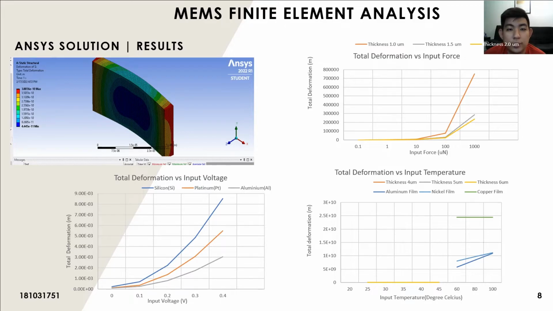We're going to present about MEMS finite element analysis. As shown in this photo is our ANSYS solution and our structure diagram. The first graph is total deformation against input force, using forces of 0.1, 1, 10, 100, and 1000 micronewtons, with three thicknesses: 1.0, 1.5, and 2.0 micrometers.